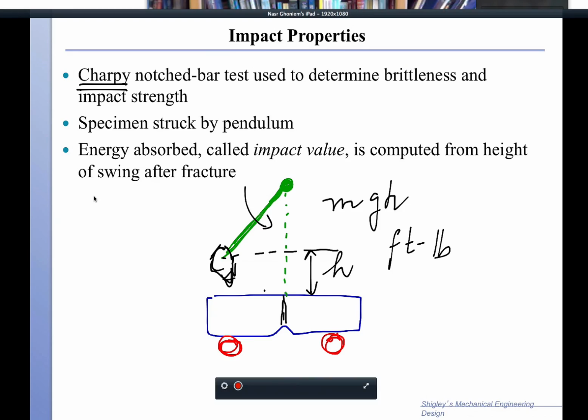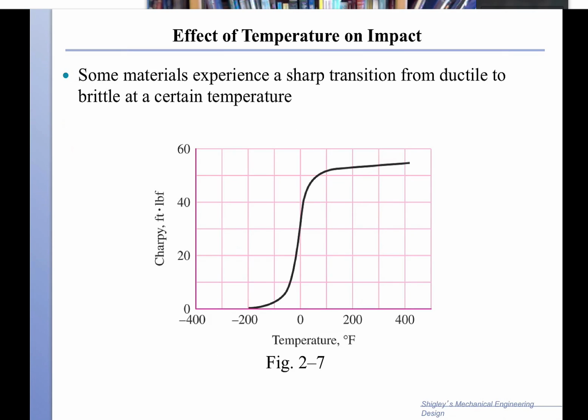So let's look at the plot here. You will have the Charpy energy absorbed, mgh, in foot-pound, 20, 40, 60 for a standard ASTM specimen. And they plotted it as a function of temperature in degrees Fahrenheit.